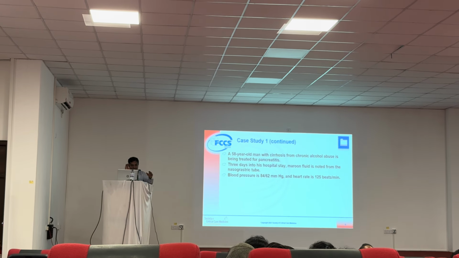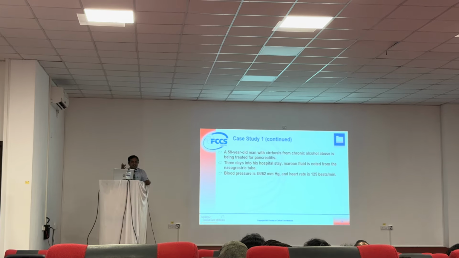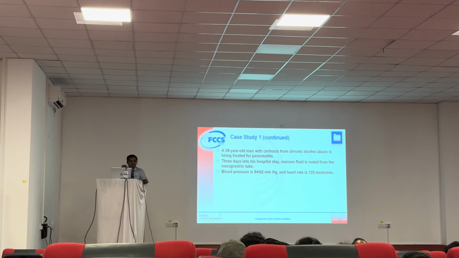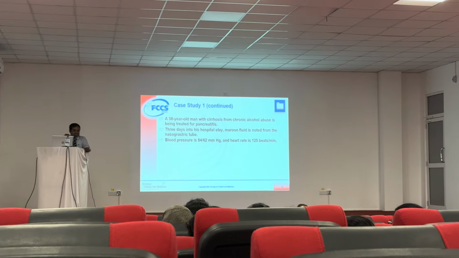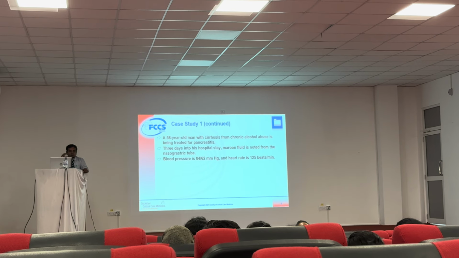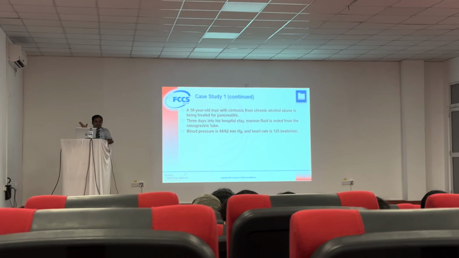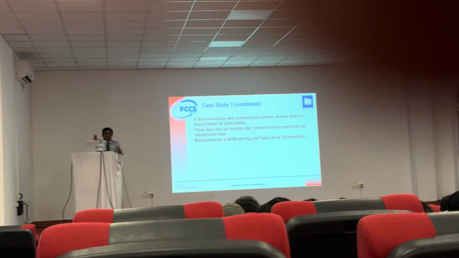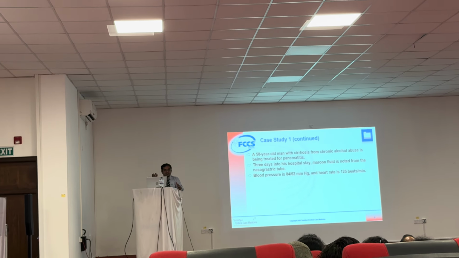We should not always think only about pancreatitis. Other than that, some other causes can cause maroon bleeding. Ruptured esophageal varices. Good. So one thing, some upper GI bleeding. Upper GI bleeding is possible. Not only ruptured esophageal varices, even some ulceration in the stomach also can cause bleeding.